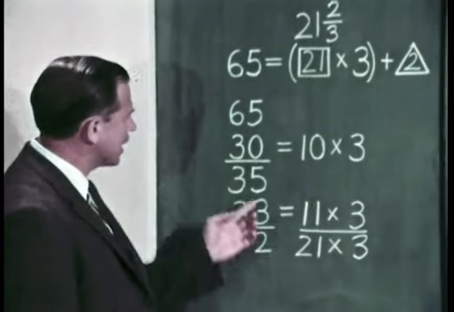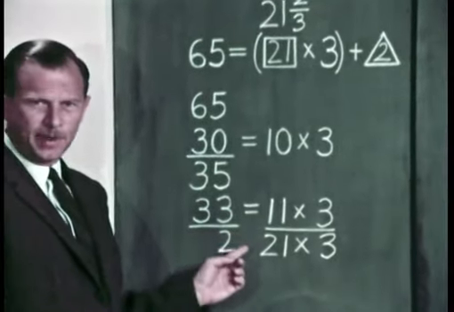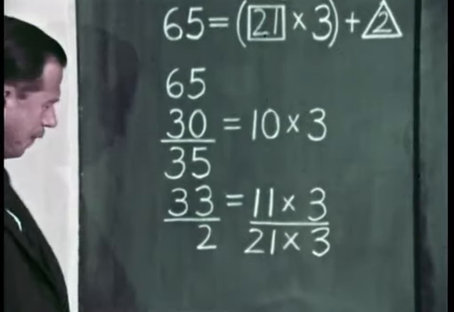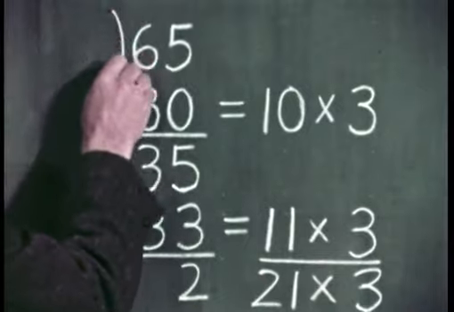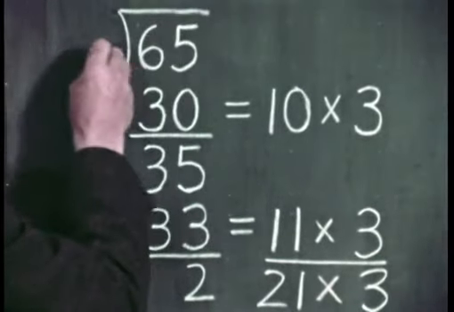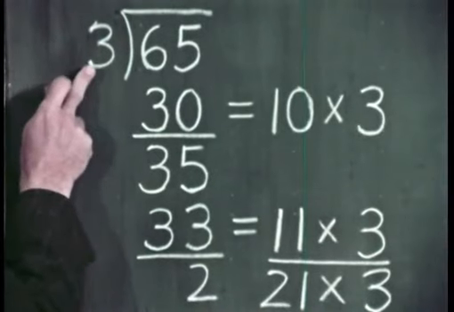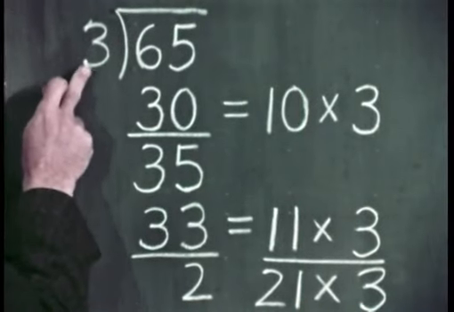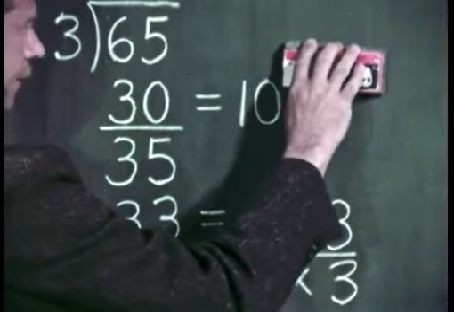After children understand the procedure we have shown here, the notation may be simplified in the following manner. We write 65 divided by 3 this way, using this division symbol. And since the divisor is indicated here on the left, we eliminate the writing of times 3 on the right.